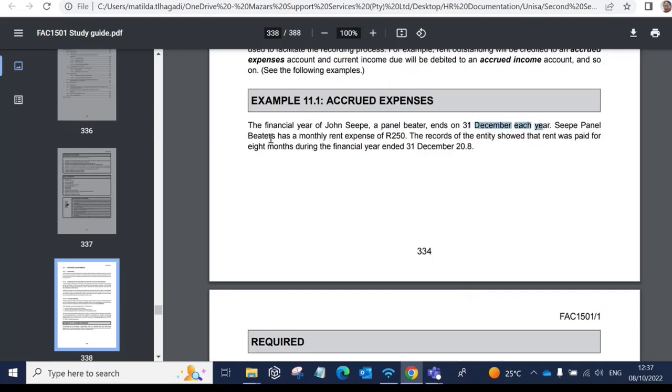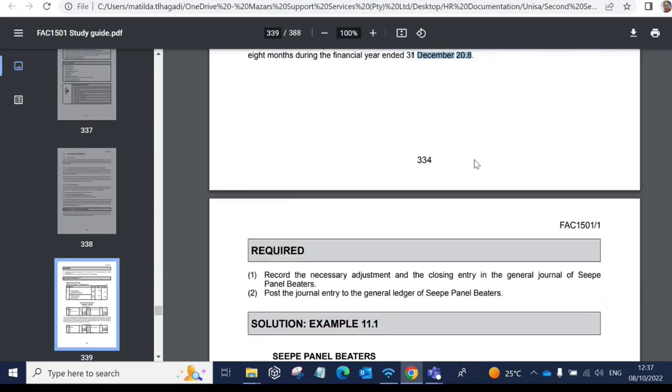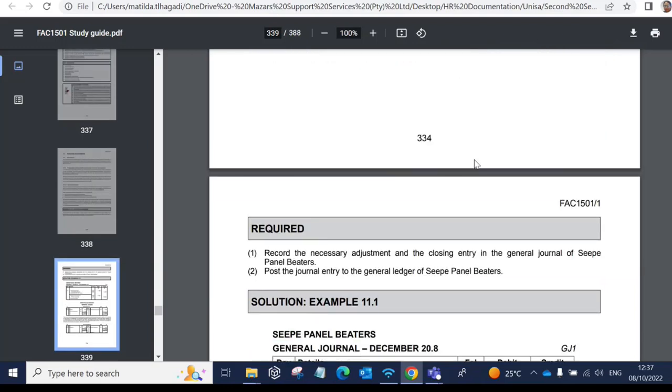Sipe Panel Beaters has a monthly rent of 250. The records of the entity show that rent was paid for 8 months during the financial year ended 31 December 20.8. Record the necessary adjustment and closing entry in the general journal of Sipe Panel Beaters. Post the journal entry to the general ledger.